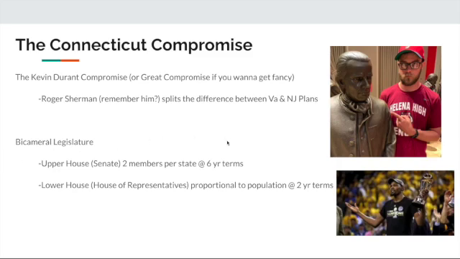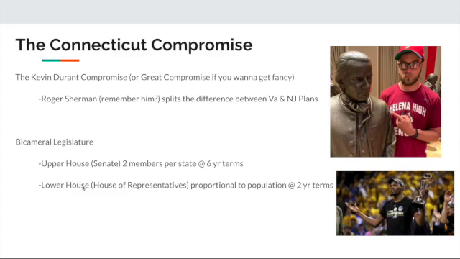So this is sort of the rich people's house in that regard, is you get there and you can make unpopular decisions, and you'll be there for a while. So you can make those unpopular decisions that the common folk wouldn't understand. And by the time you're up for election, hopefully the common folk have come around to you.